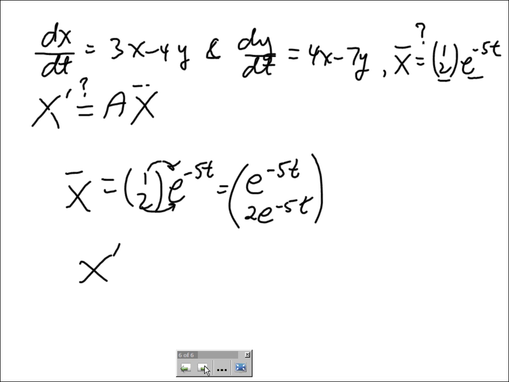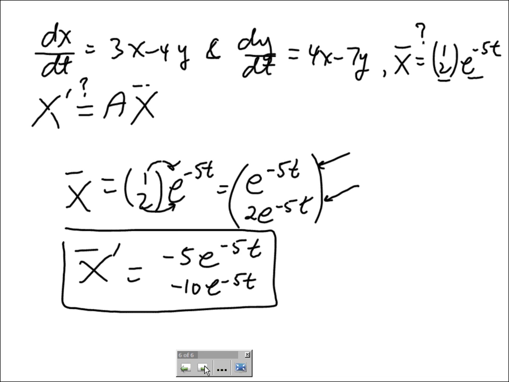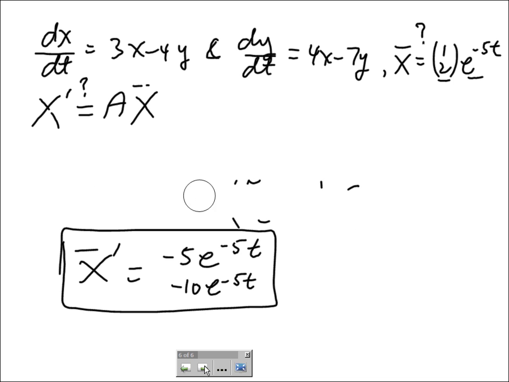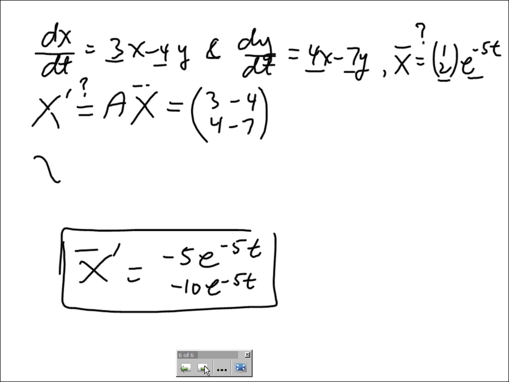So x bar prime, that is the derivative of each of those, will be negative 5 e to the negative 5t, and negative 10 e to the negative 5t. So that is what x prime bar should be. So the question is, is x prime equal to the matrix times x? The matrix is 3, negative 4, 4, negative 7 times x.